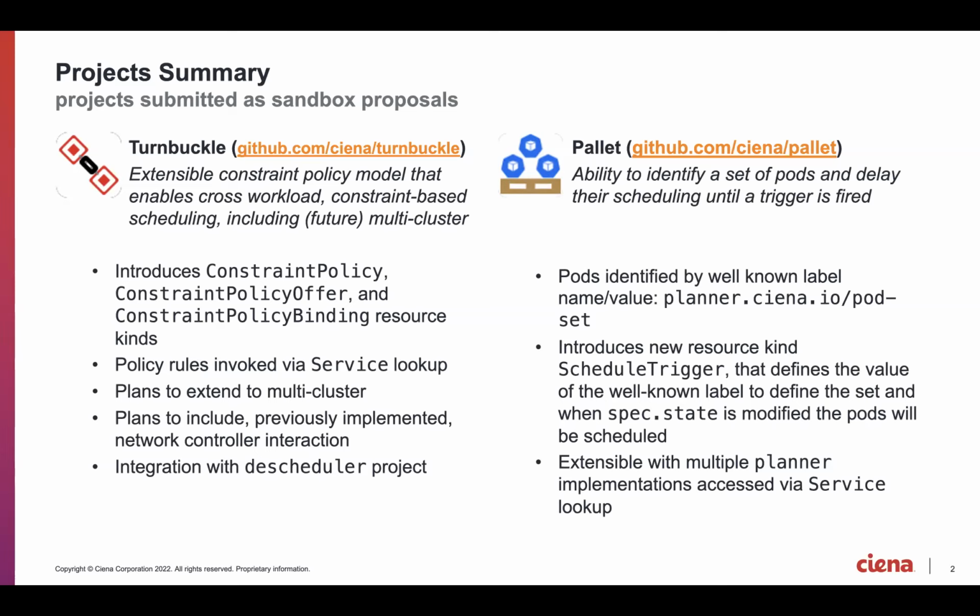If I have an edge capability and my database is centralized, I may need a latency constraint, an error rate constraint, or even a security constraint. While we developed this with an eye towards networking, it's not required. I could have a security constraint between an edge cloud and a central cloud, which basically says only schedule these two pods such that the network between them meets some level of security.